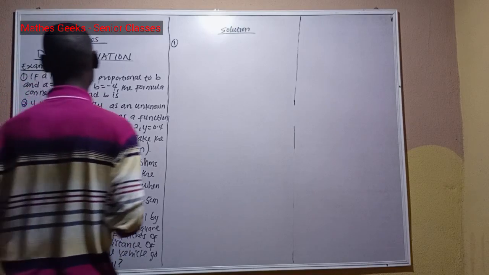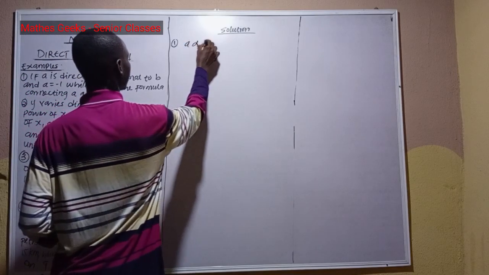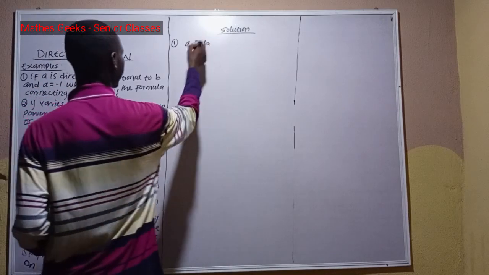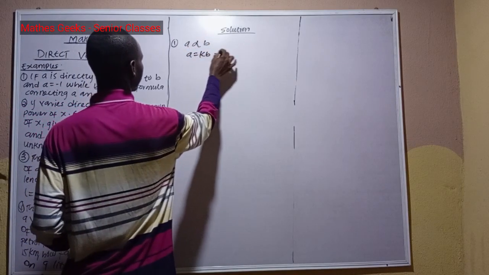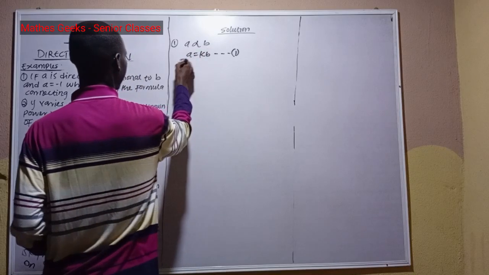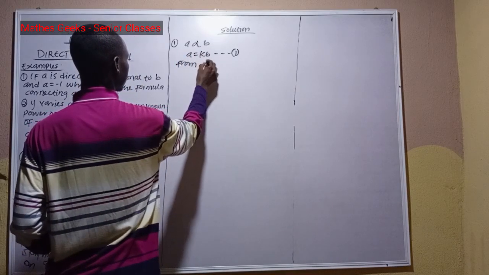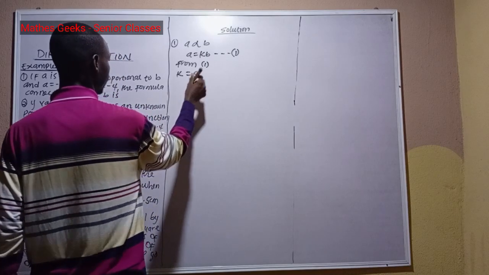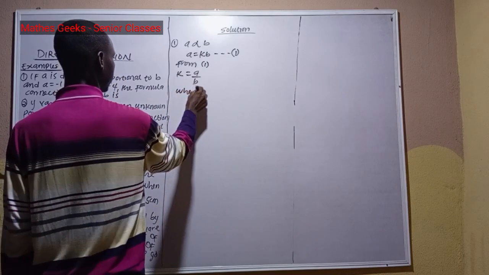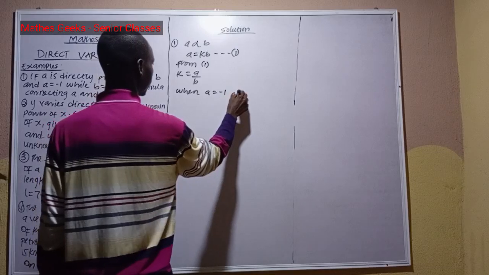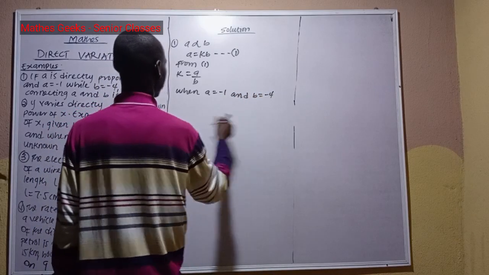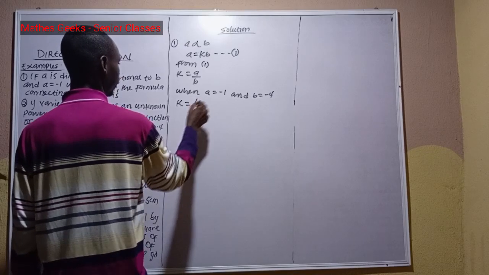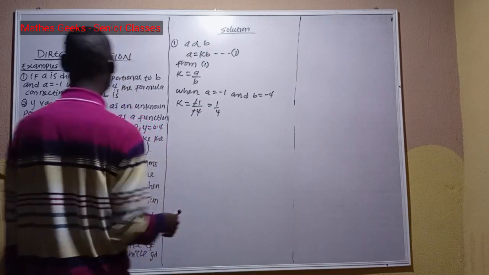If a is directly proportional to b, so a is equal to kb. From 1, k is equal to a over b. So when a is equal to minus 1 and b is equal to minus 4, k is equal to minus 1 over minus 4, which is 1 over 4.